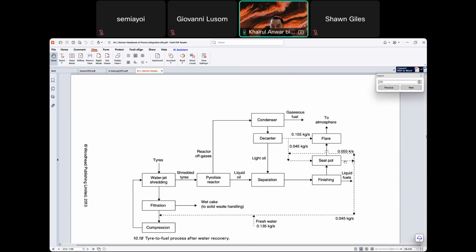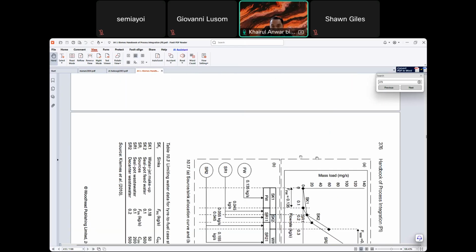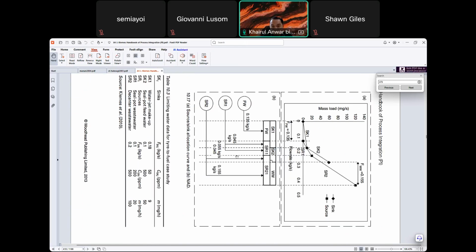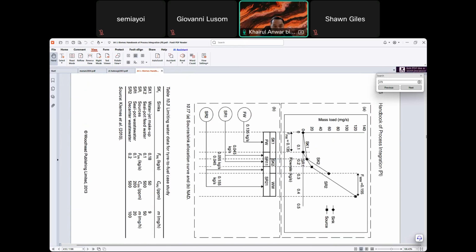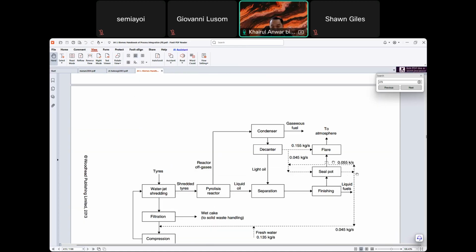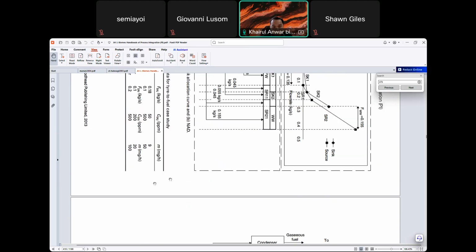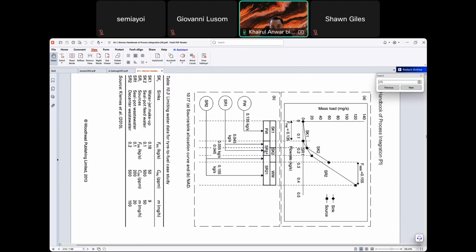So source 1 goes to the 0.45 goes to the sink 2. Sink 2 is the seal pot. Okay, valid. Goes here. Goes back. Sink 1 is the water jet. So sink 1 water jet.